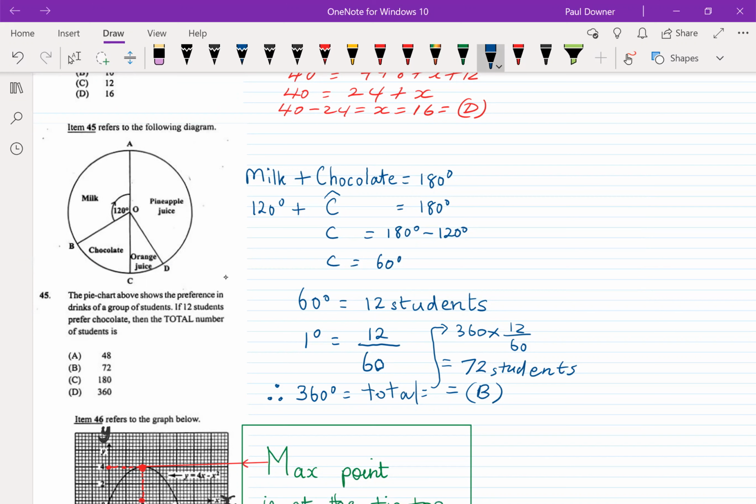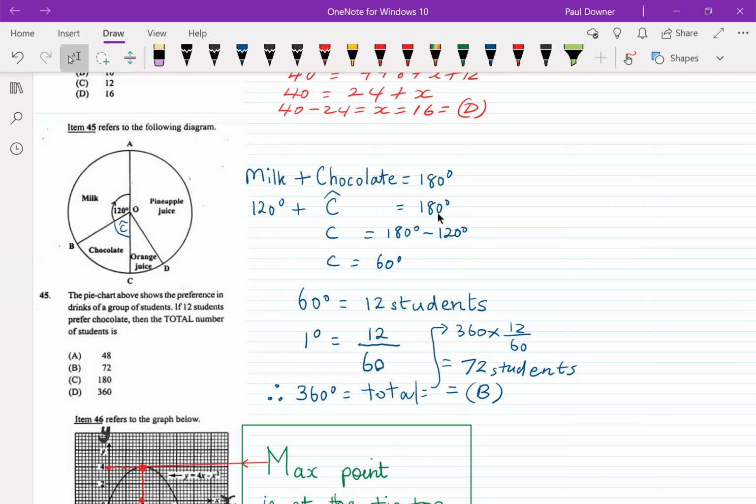That angle C is really this angle here, C, right? Which is referring to the angle where the chocolate is. And if I add up that 120 and this C, because this is a straight line, I have to get 180. So what you're noticing is that this 120 plus C must be equal to 180, because angles on a straight line add up to 180 degrees.